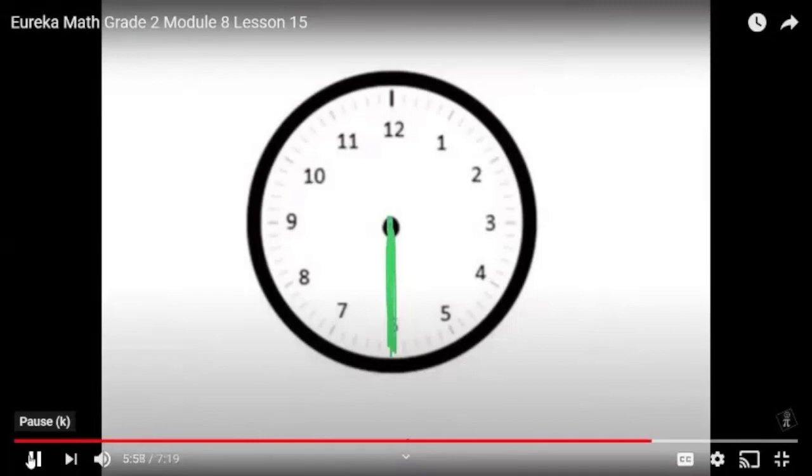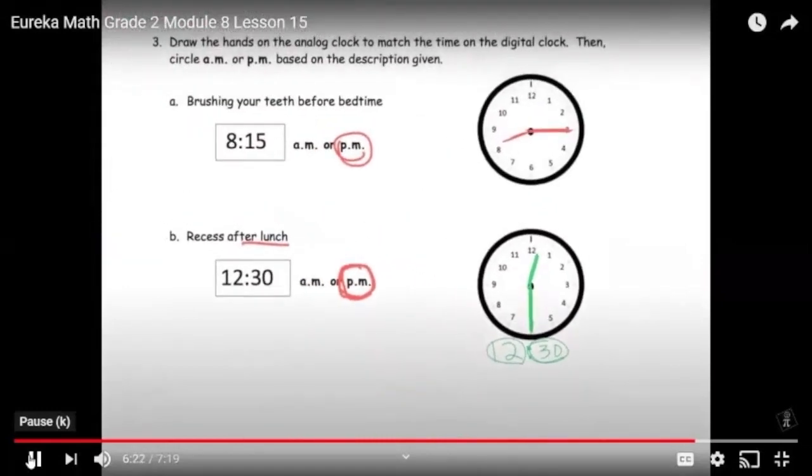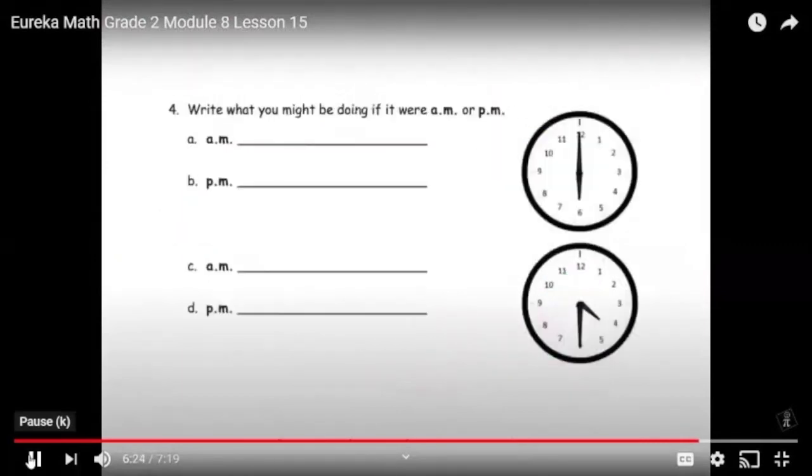Now if the hour is 12, so we're doing 12:30. So I just took care of the 30 part with our minute hand going here. Now, the hour hand is going to be right in between the 12 and the 1. Right there. There's our hour hand. So there's our 12:30. And that wraps up that slide.